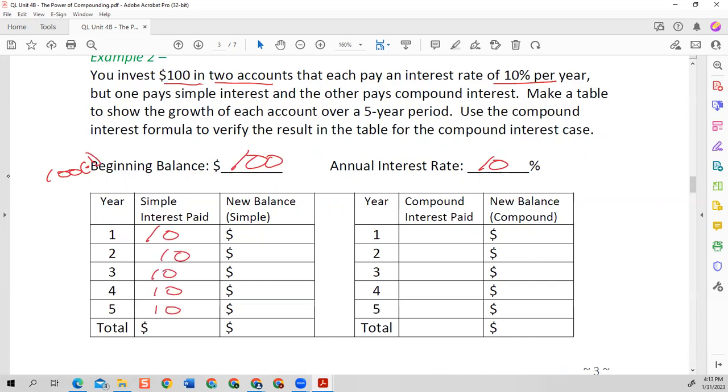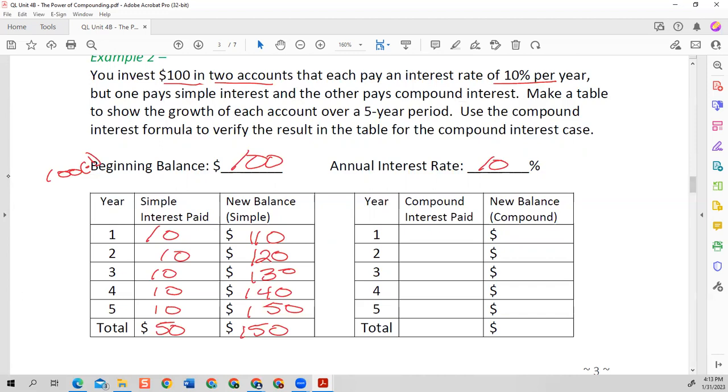For all 5 years. Now, when I do that, that's 10 plus 100. And then it's going to go up 10 every year. That's just simple interest, right? So it's a total of $50 over 5 years, giving you a total of 150.